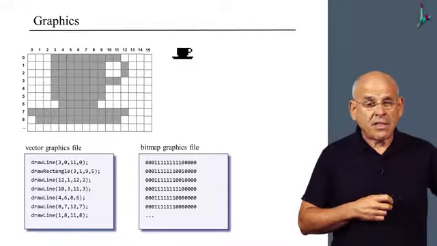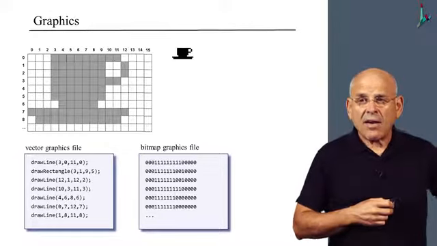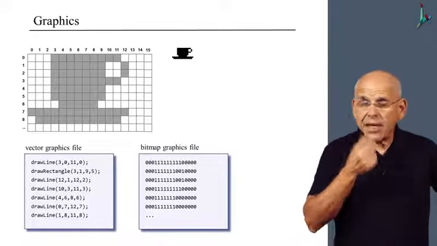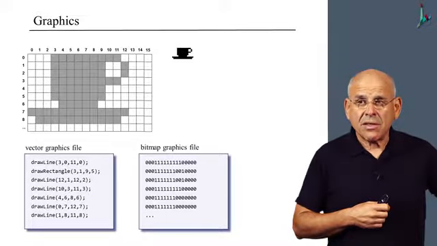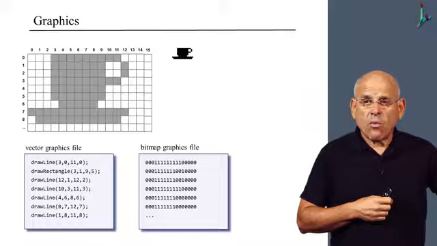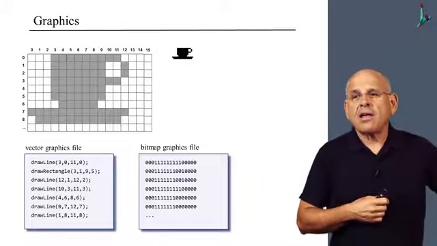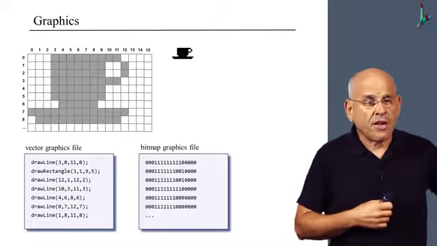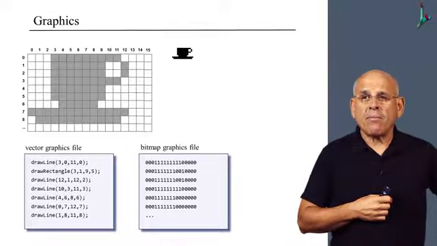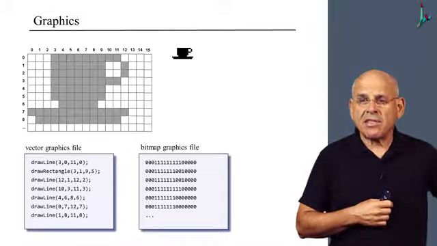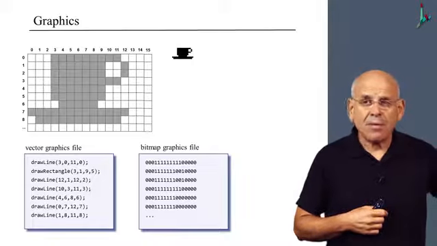Now here's the very same image stored in vector graphics. As you see, instead of actually recording the information in this figure, what I record is a set of instructions that specify how to draw the figure. The first instruction is draw a line from 3,0 to 11,0, and this will give me the top row of the cup.